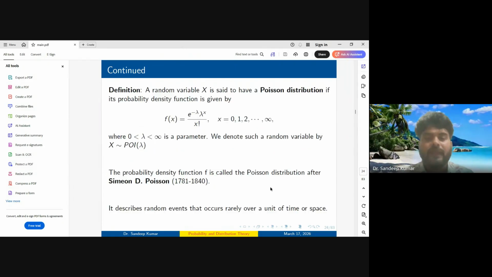And the definition: a random variable x is said to have a Poisson distribution. This is the mathematical formulation of the Poisson distribution: e to the power minus lambda, lambda to the power x, upon factorial x.